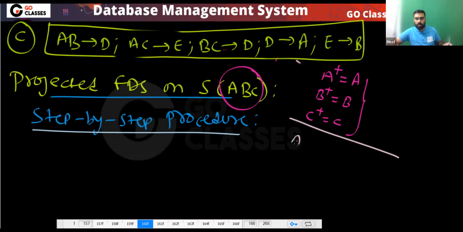Now you take two items at a time. What is AB plus? AB plus will give you AB. AB will give you D, and D will give you A. That's it, so here also nothing. What about AC plus?